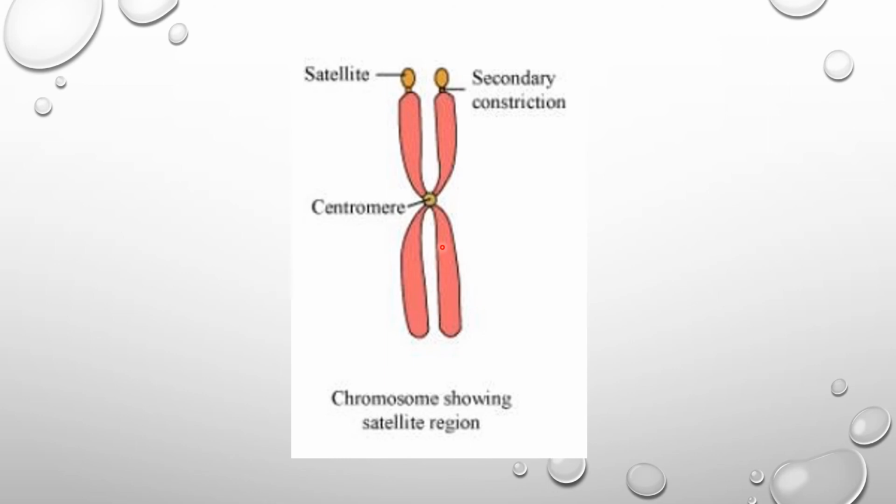This is your primary constriction, that is your centromere, and this is your secondary constriction, which is known as your satellite, and such chromosomes are known as SAT chromosomes. So the chromosome showing the satellite region with the secondary constriction is known as a SAT chromosome.